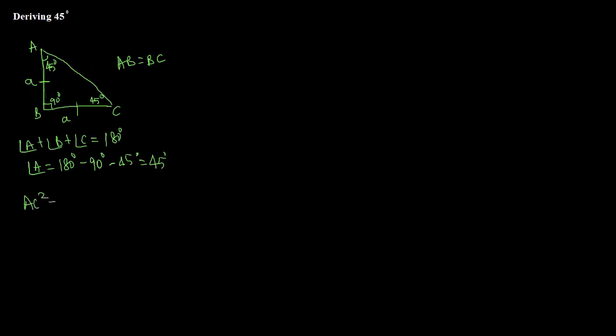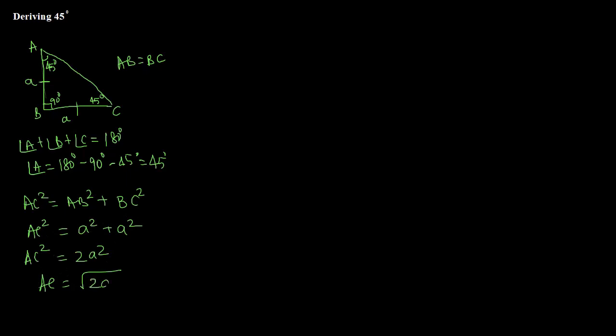AC square equals AB square plus BC square, so AC square is a square plus a square, AC square equals 2a square. AC is root of 2a square. Root 2 I can't simplify, so I keep root 2, and the square root of a square is a. So the hypotenuse is root 2a, where a is not under the root; root 2 and a are separate.